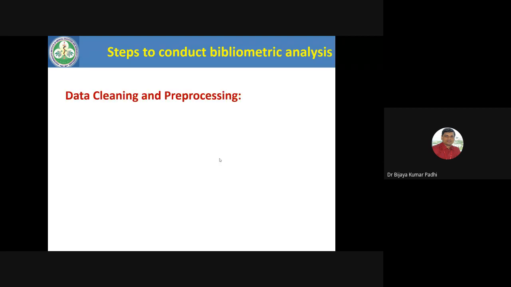Then the next step is data cleaning and pre-processing. In our case, since we are not doing any primary research, what do you mean by data cleaning? Removing the data elements that are not required for our analysis, like duplicate studies.